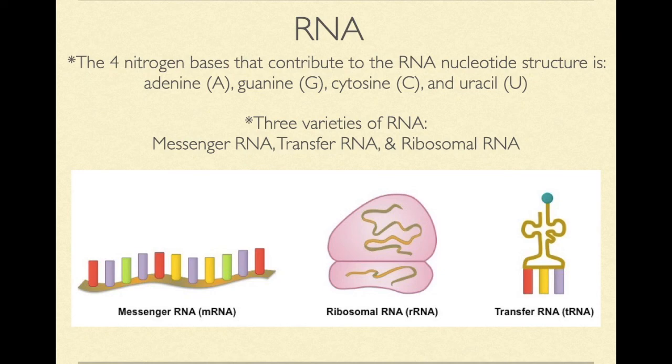So as the tRNA bonds with the mRNA at the rRNA, it's going to make a protein. It's going to make an amino acid. So you learned probably in 7th grade that ribosomes make proteins. This is going to be how.